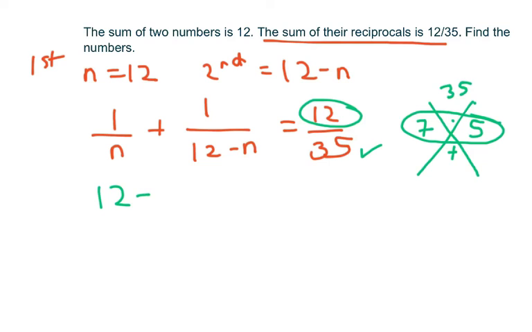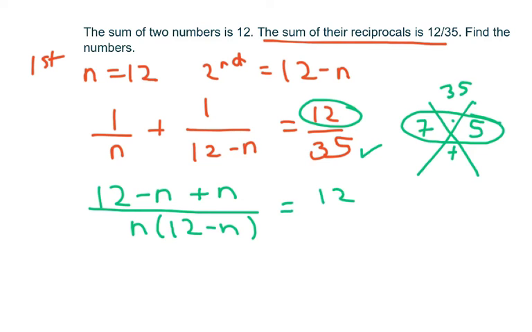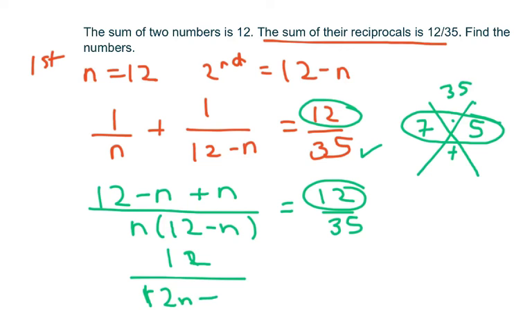So it'll be 12 minus n plus n over n times 12 minus n equals 12 over 35. And you can plug it in that way, so you get 12, which matches here, over 12n minus n squared.